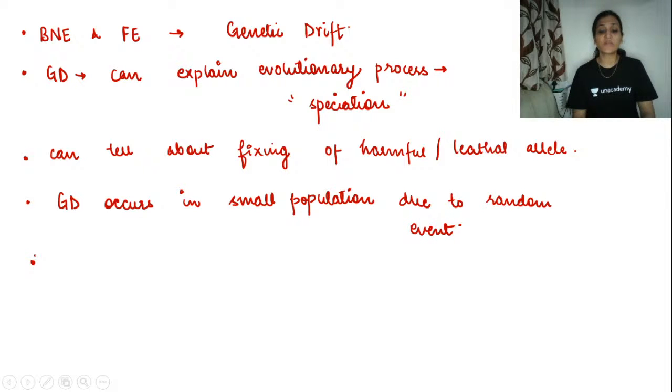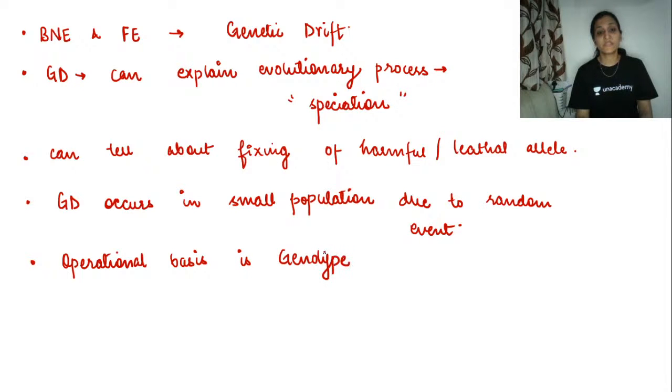And what else is it causing? It operates on the basis of genotype. Mostly what you have seen is the expression in the phenotype in the founder effect, but deep within it is because of the genotype. It is the genotype because of which this is happening.